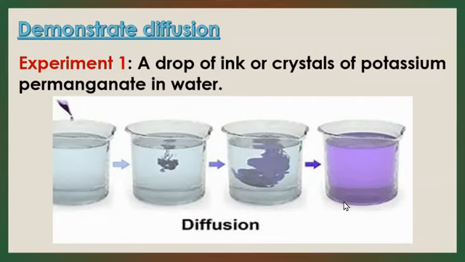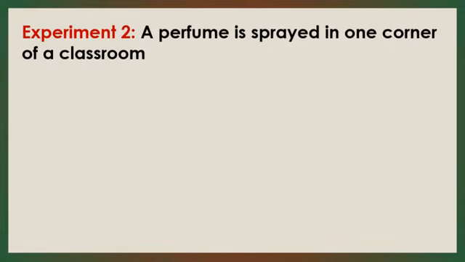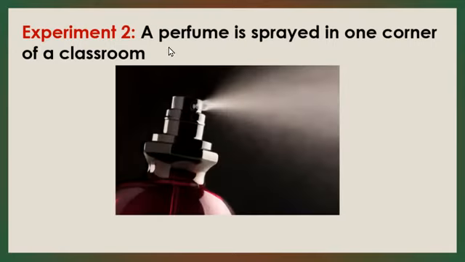Now let's look at another demonstration of diffusion in air. In our second experiment, we are considering spraying a perfume in one corner of a classroom. Now this is what happens if a student gets to the opposite corner of the classroom. After some time, that student smells the scent of the perfume. Why was this possible?